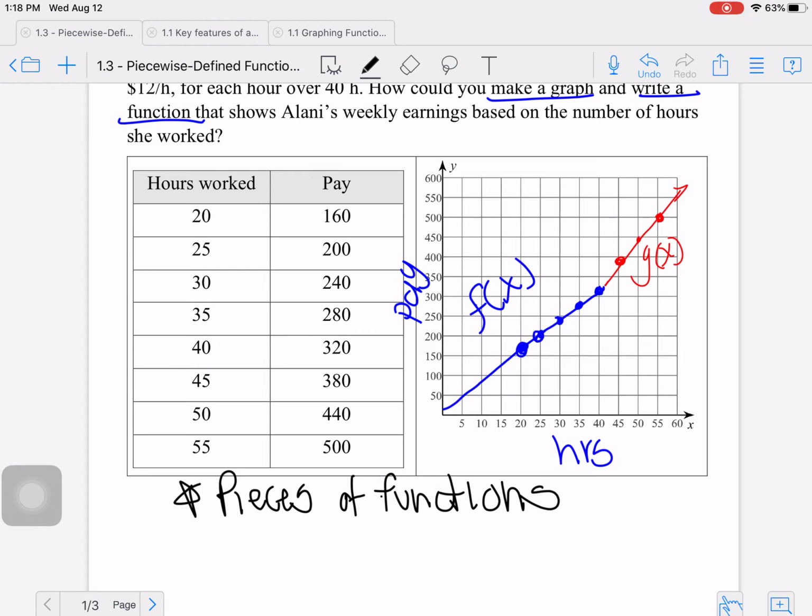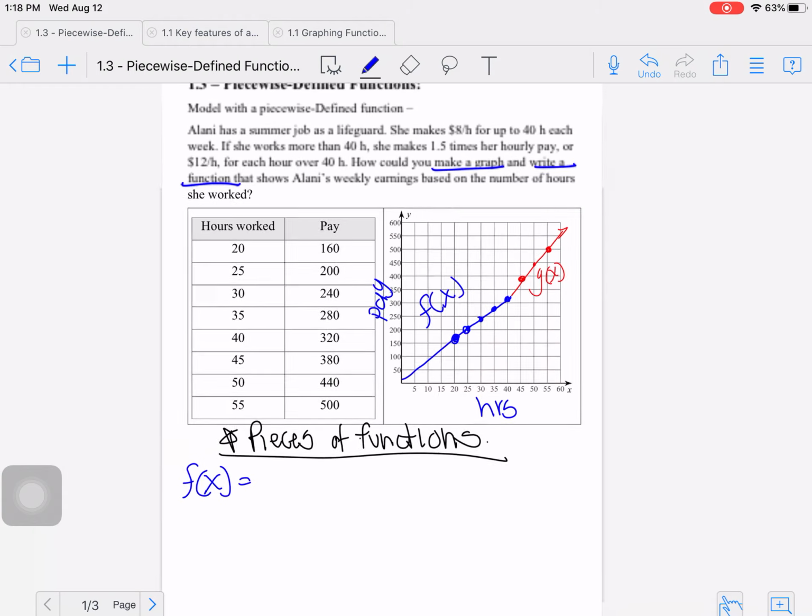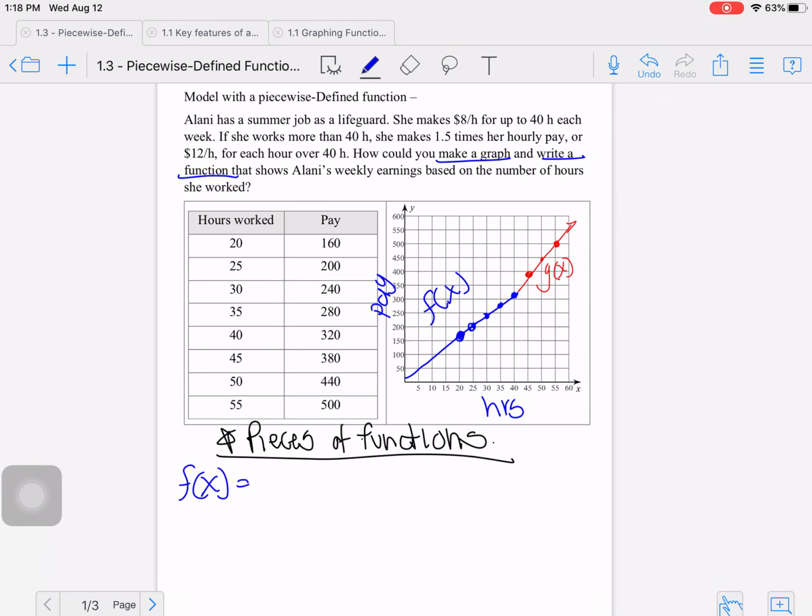Now, it's asking me to write a function or a rule. I'm going to create one for each of the functions. To begin with, I'm going to do f of x. I know that it's a linear function, and it has a slope of 8 because she gets paid $8 an hour every time. So I know that f of x is going to equal 8x, and I'm using x just for the sake of it.